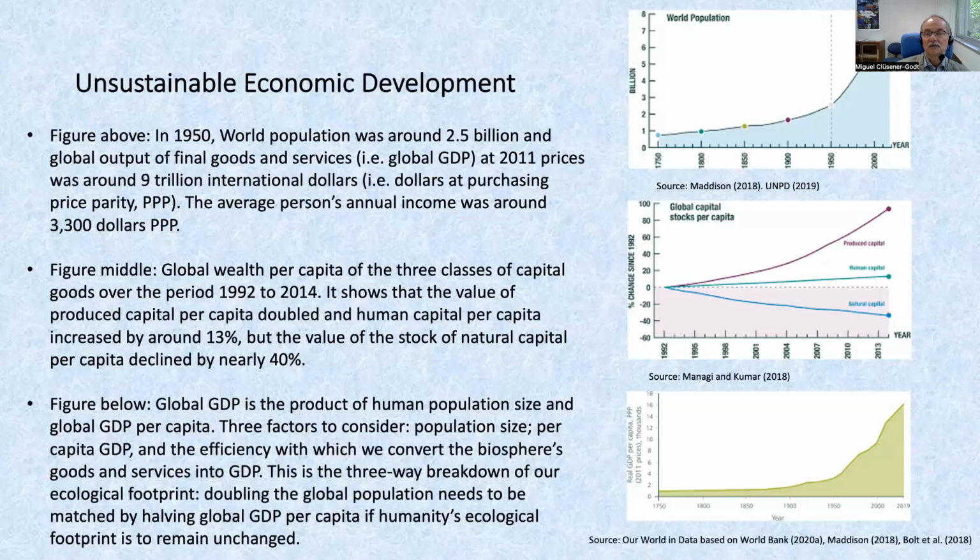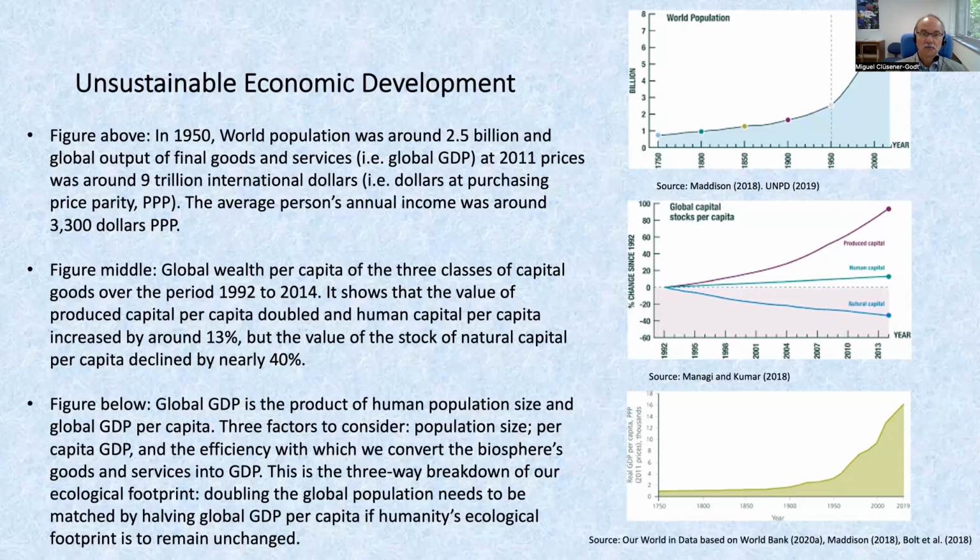So, unsustainable economic development. Three graphs here, world population, and I always give the source. By the way, at the end of the speech, you will have it written in very small characters, but you can of course use it and see where all this information is coming from.